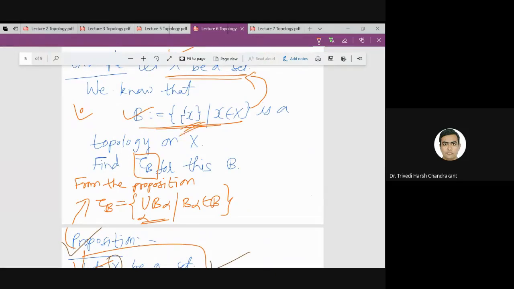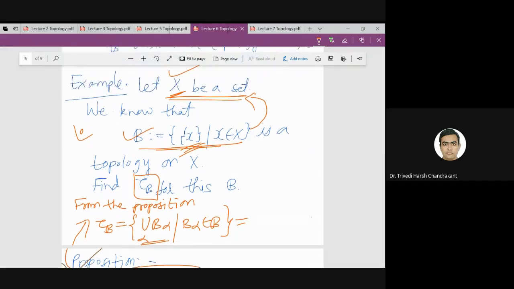They are the singletons. So what will be this set? Can you tell me? If X is any set and the elements of B are singleton sets, and tau B contains all the unions of the singleton sets, then what is tau B?